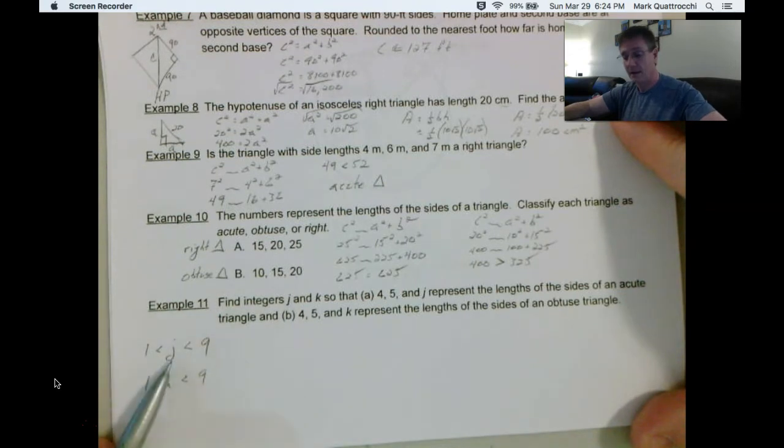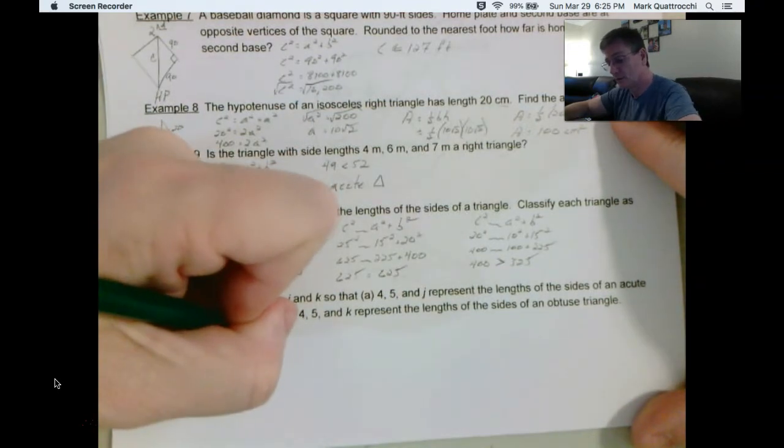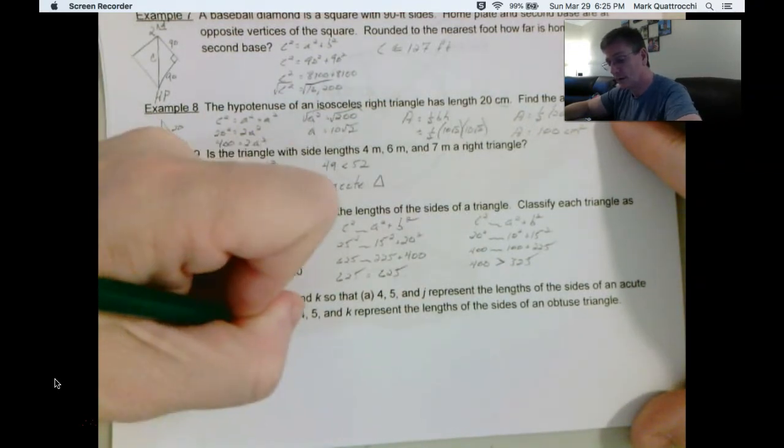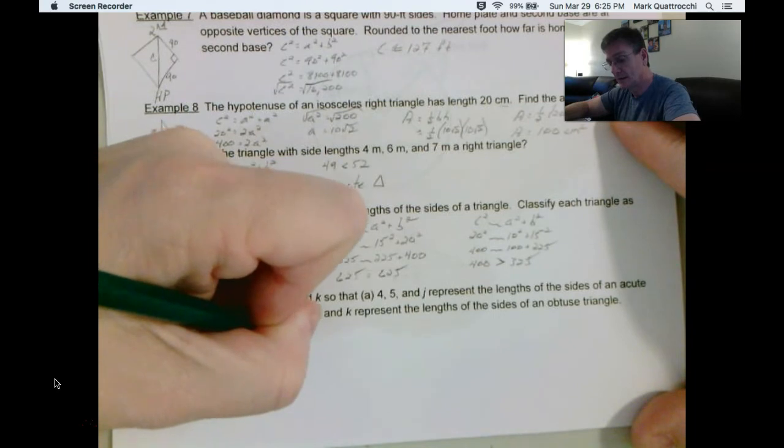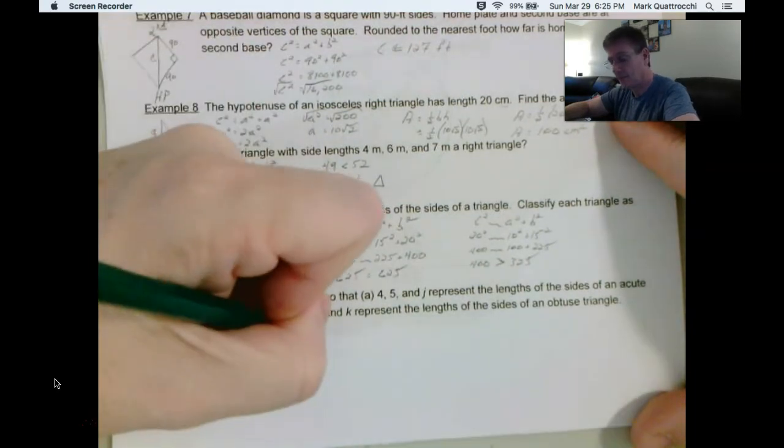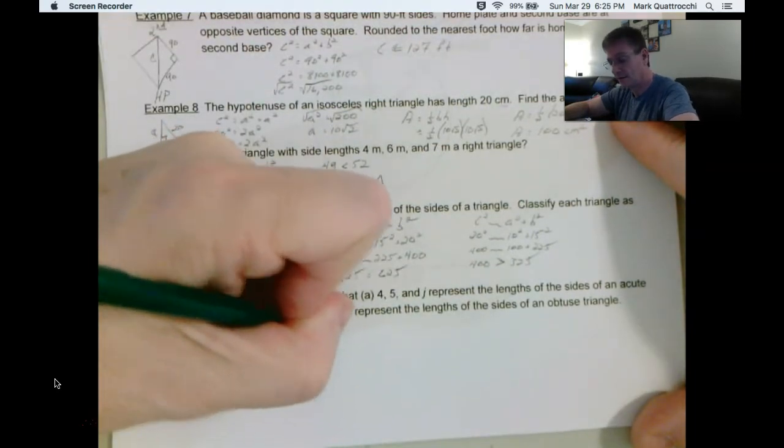And again, I don't know if J is going to be the biggest of the sides or the smallest of the sides. We'll find out. If J is going to be the biggest of the sides and we want the triangle to be acute, then J squared is less than 4 squared plus 5 squared.